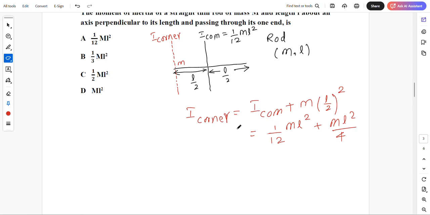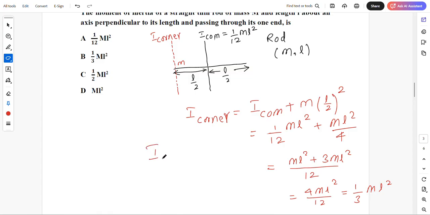That is 1 M L square plus 3 M L square over 12, taking 12 as LCM, that is 4 M L square by 12, that is 1 by 3 M L square. So I corner, the moment of inertia about the corner for a thin rod of mass m and length L, equals 1 by 3 M L square.